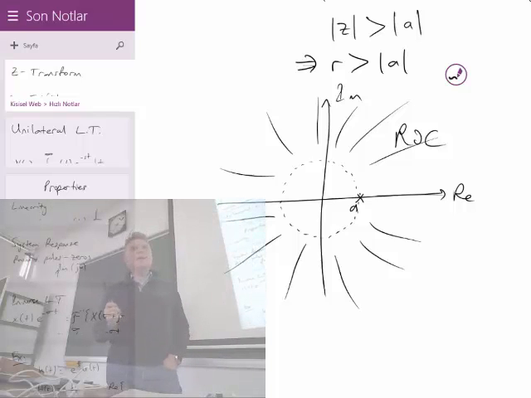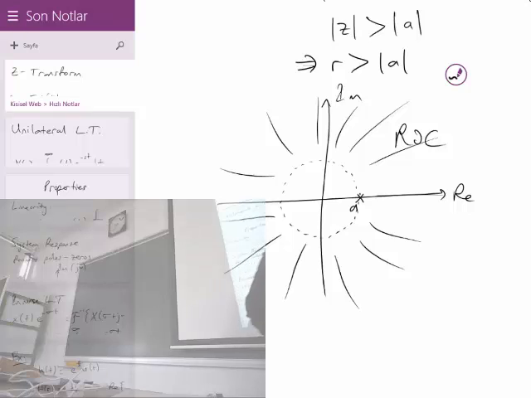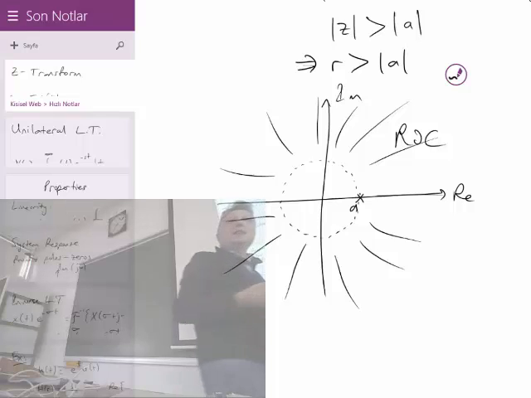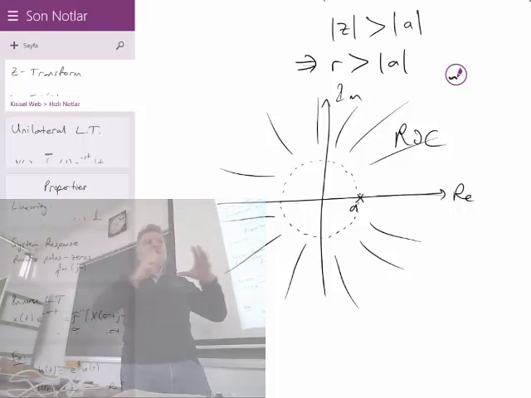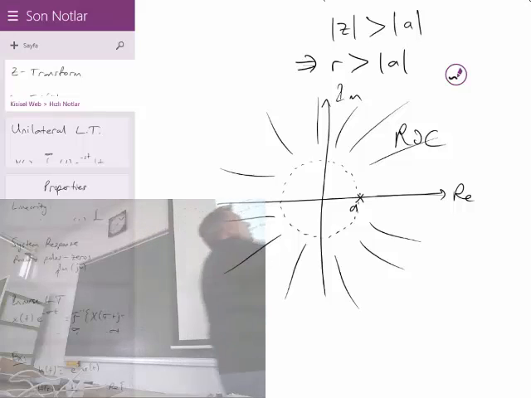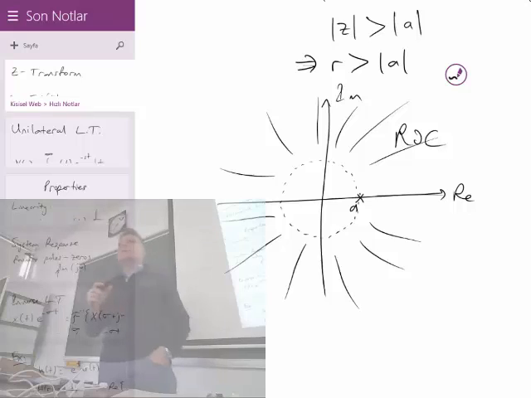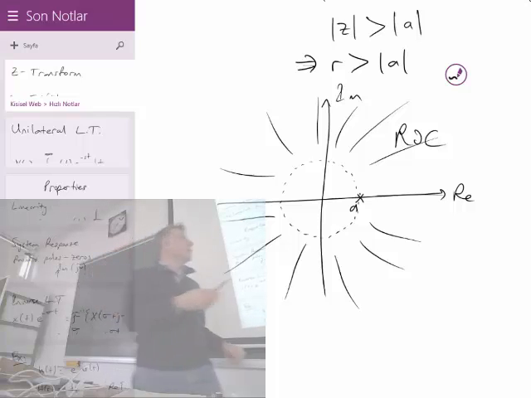Notice that if a is not a positive value, but a negative value, then a will be where? Here? No, it will be here. But the radius of the circle will be exactly the same. And it will still be outside of it. That's why radius greater than the absolute value of a doesn't really care about the sign of a. The radius will still be a positive magnitude, and you will have to draw a circle.